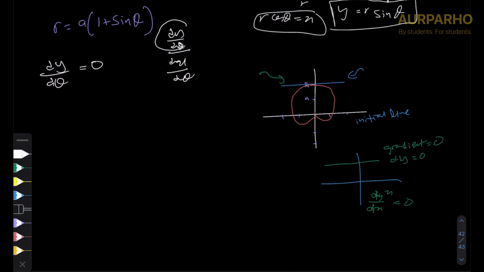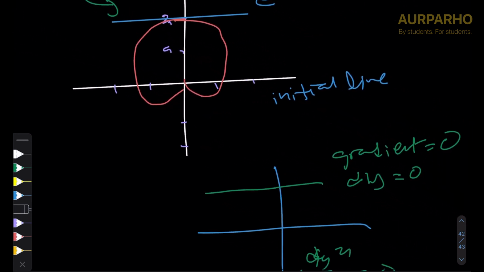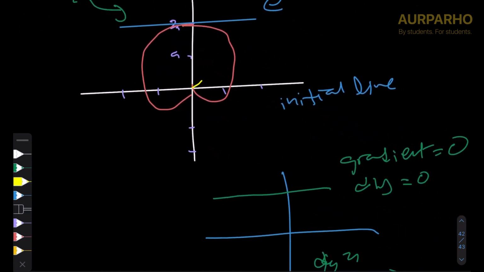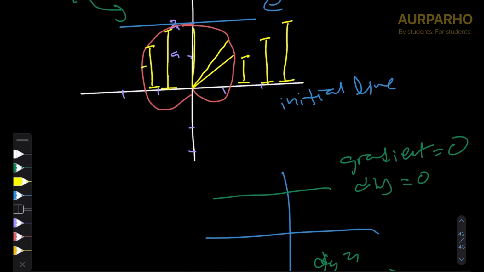When dy over d theta is 0, of course the whole fraction is 0, and hence this is a horizontal line, parallel to the initial line. The other way to think about this is that at this theta the y component is this, and as you increase theta the y component increases until you reach this line, where it is at its peak. This is the highest it gets, and after this, if you increase theta, it starts to decrease.